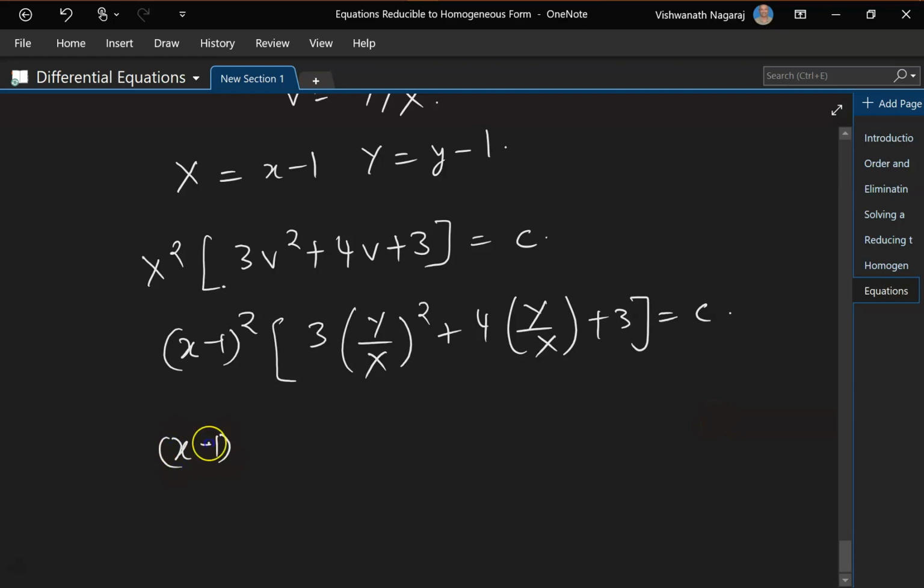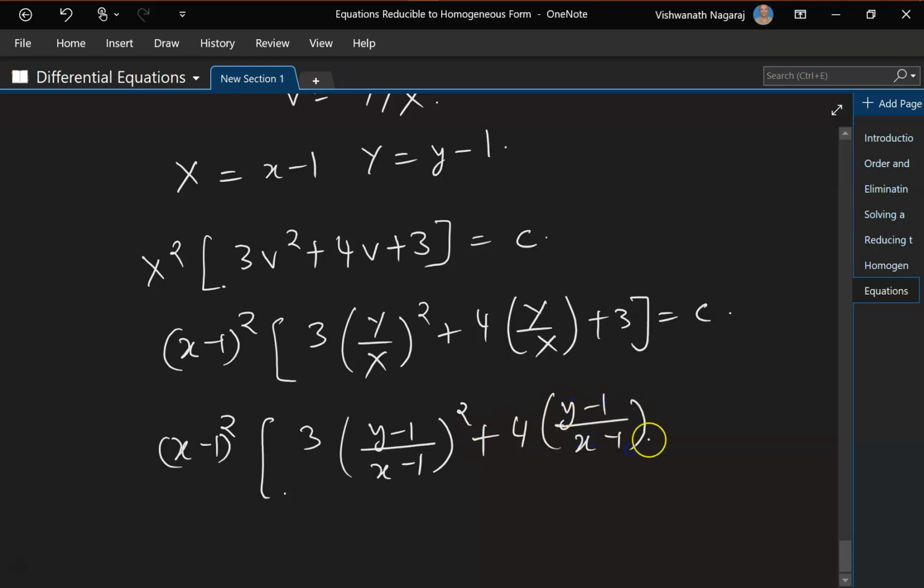Now x minus 1 square, with y minus 1 by x minus 1 square plus 4 times y minus 1 by x minus 1 plus 3.